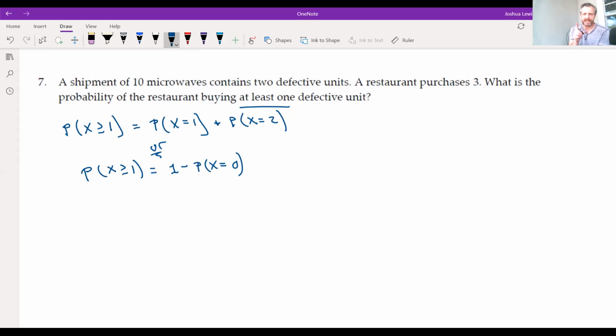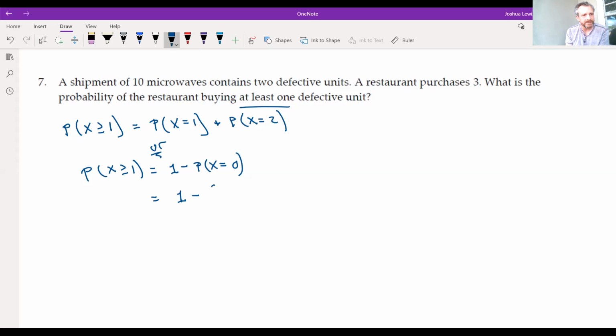And this is actually an easier computation because think about what's going on here. No defective units. So there are 3 events that are going on, right? The event being taking the microwave off the shelf onto the dolly to be delivered into the restaurant. So when that delivery driver grabs the first microwave, how many good microwaves are there?